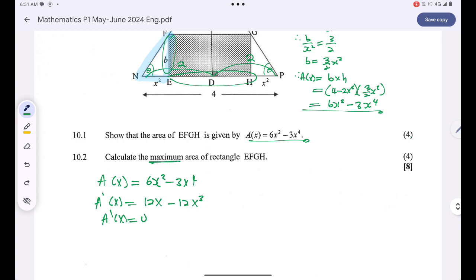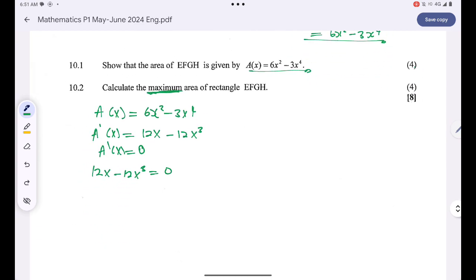Once I come across the term maximum or minimum in mathematics, I need to find the derivative and make the derivative equal to 0. So this simply means I have 12x minus 12x cubed is equal to 0. Yes, you can divide everything by negative 12. Whenever you do that, we'll have positive x cubed minus x.